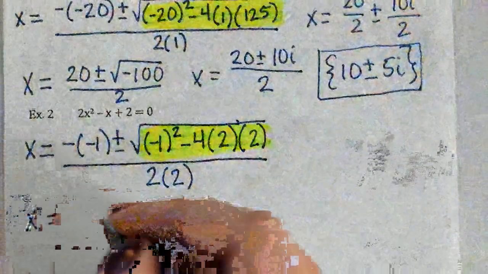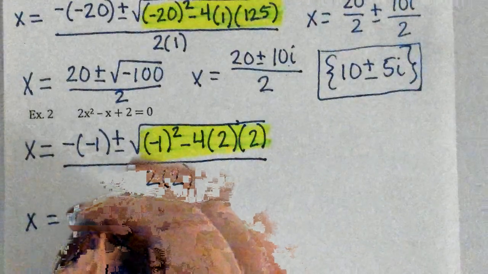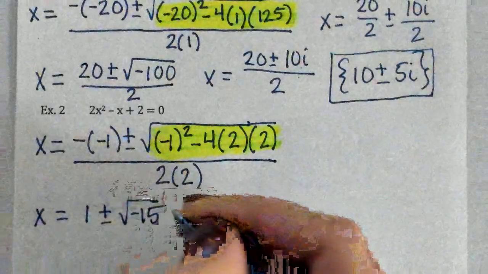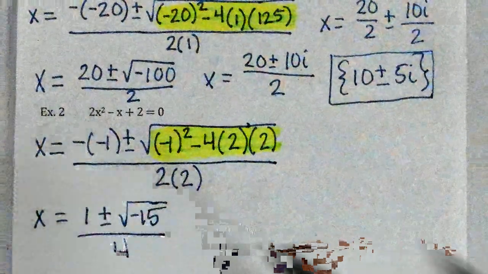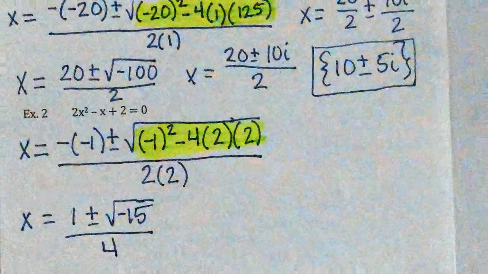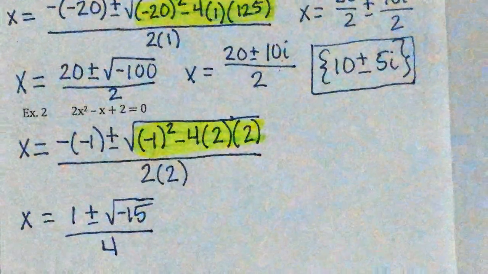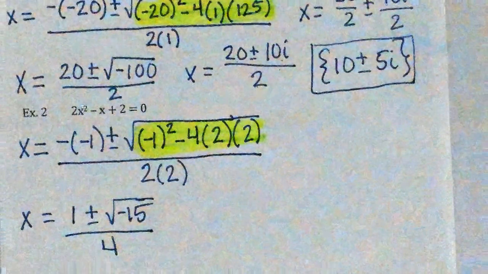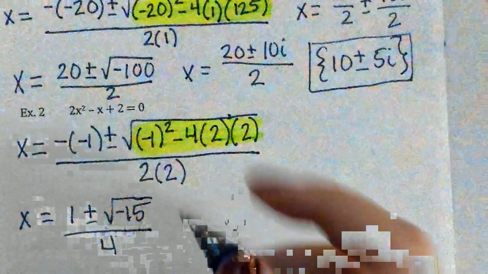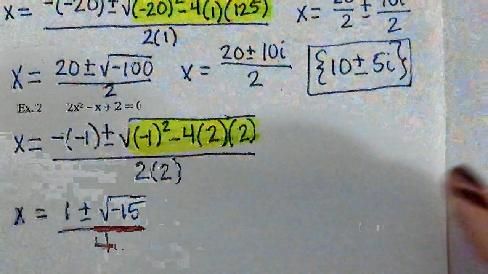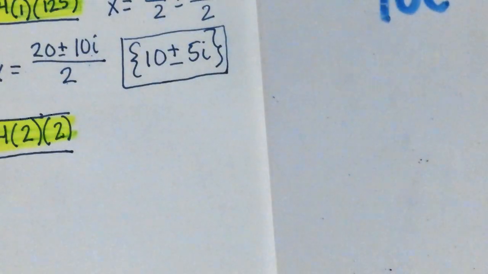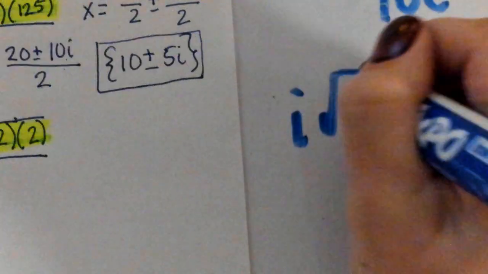So x equals negative 1 is 1, plus or minus the square root of negative 15 all over 4. Okay, now if I keep going, all right, so I could pull out the negative as i, and then I'm left with the square root of 15. So I have i times the square root of 15.